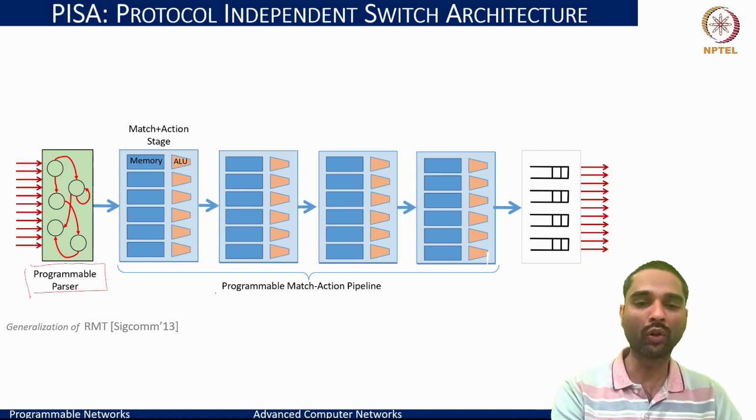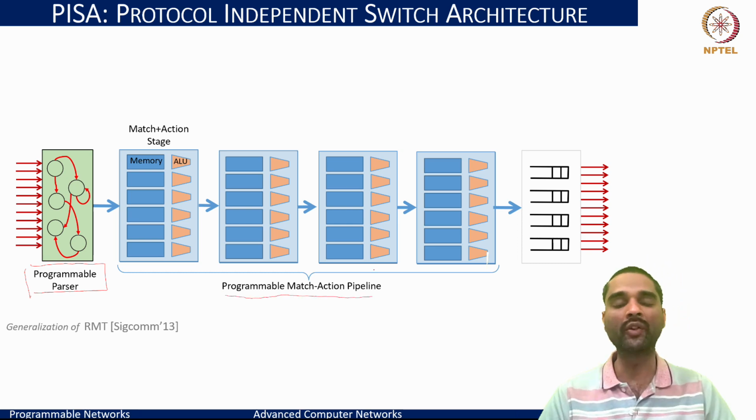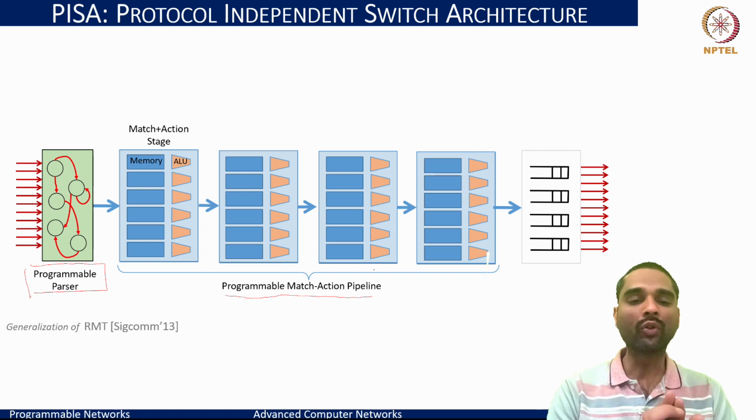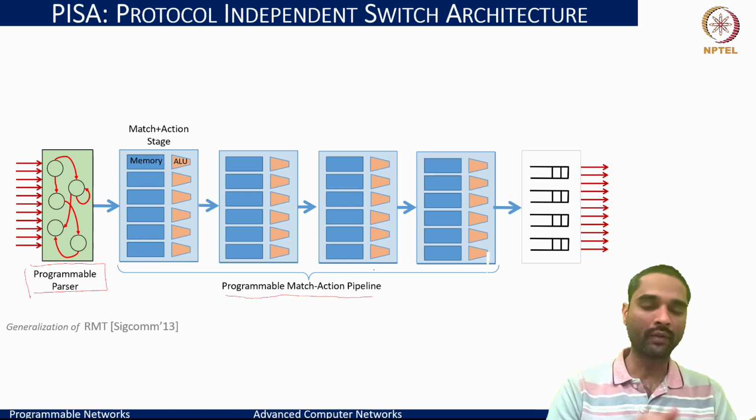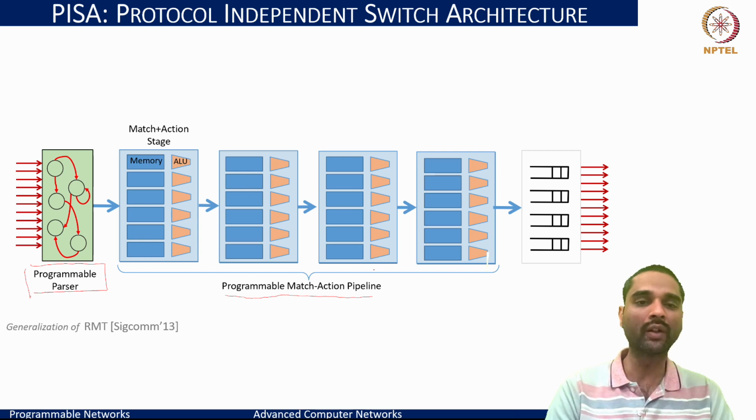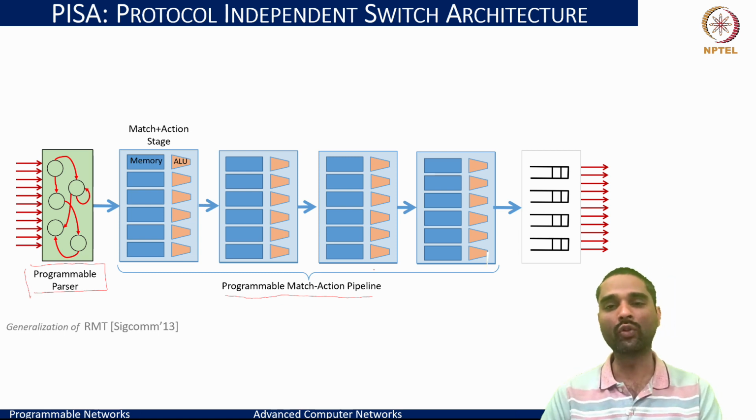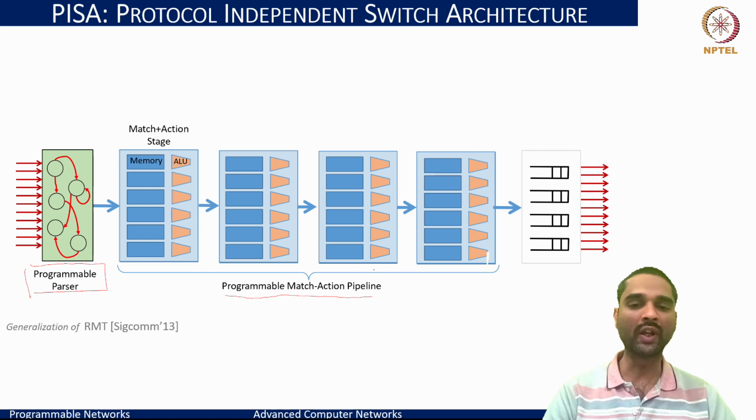And that means I want to also dictate what are the programmable match action pipelines that I want the switch to do. That means I may want to do the layer 2 header match and layer 2 actions to be taken. I may want to do layer 3, layer 2.5, layer 4, or encapsulation, decapsulation.